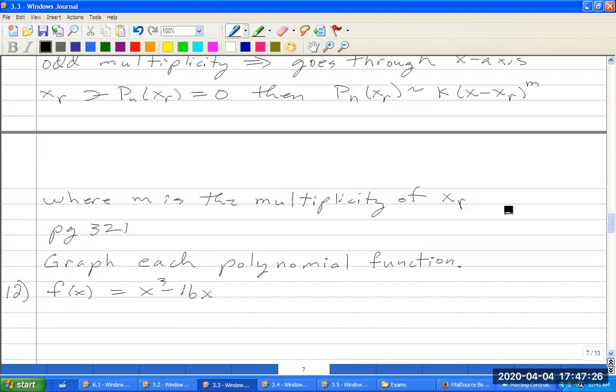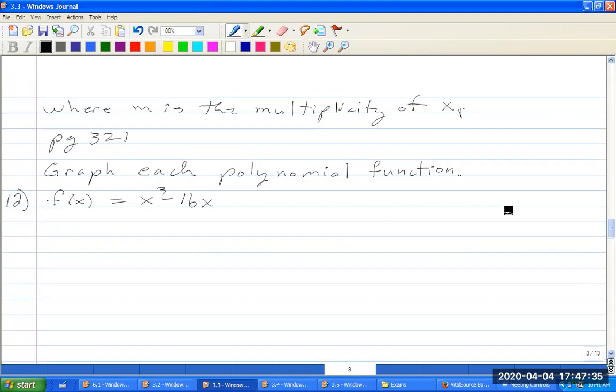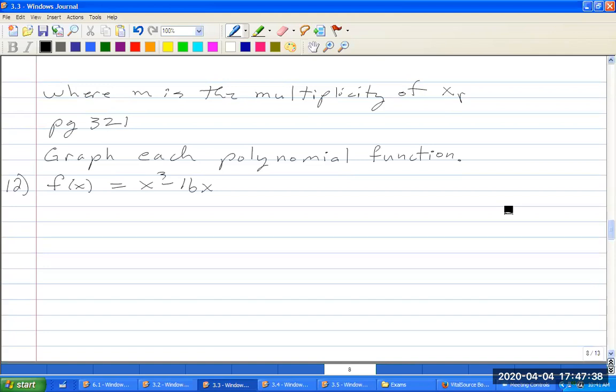On page 321, graph each polynomial function. So we're going to tie in a whole bunch of stuff that we've done and try to do this. So first off, the degree of this polynomial is 3. The highest power here is 3, so it has odd degree.